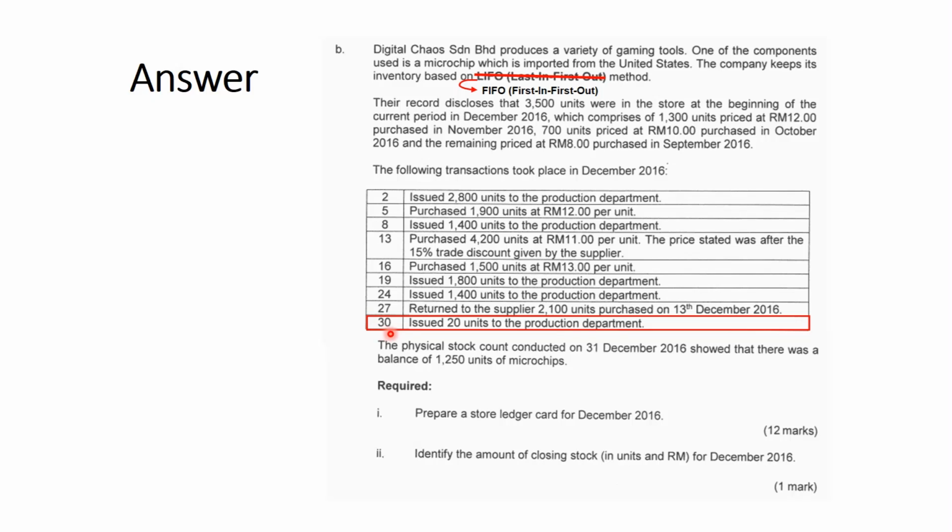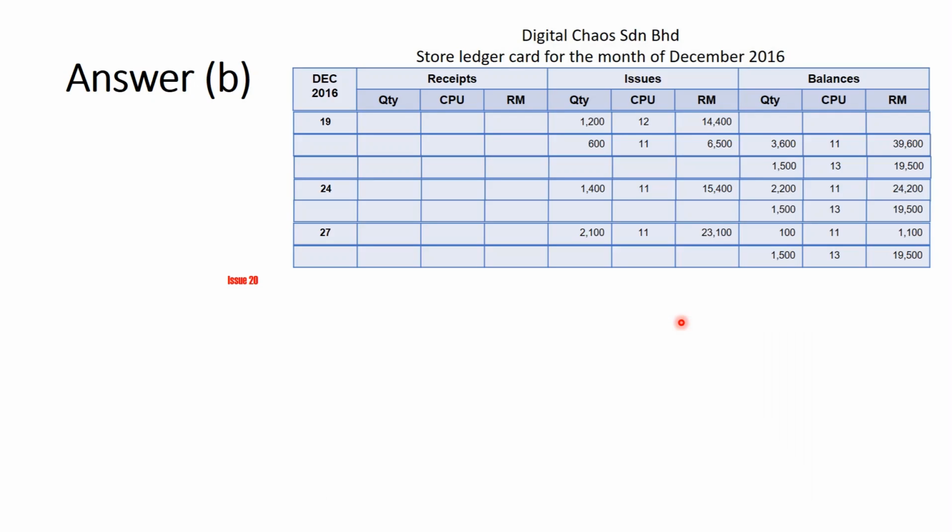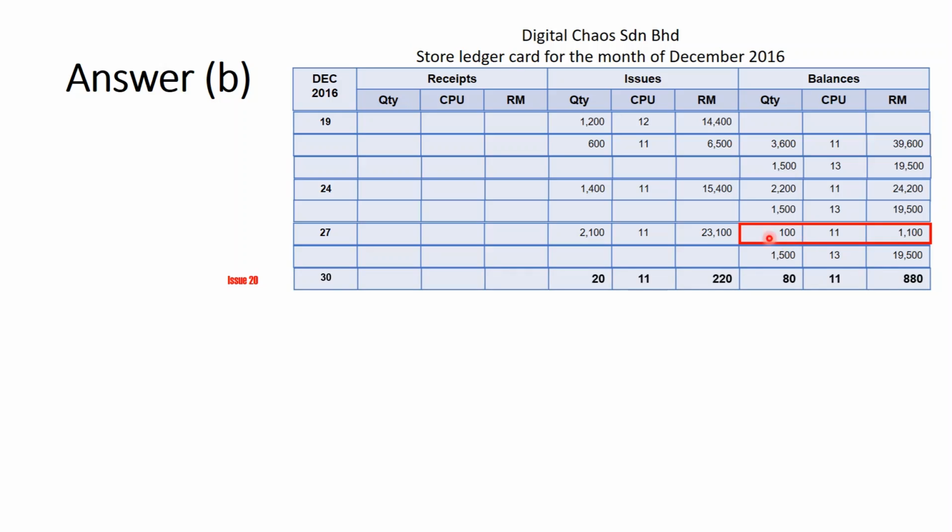Finally, on 30th December, issued 20 units to the production department. So we need to issue 20 units. So the oldest batch is 100 at 11. So we have enough stock from this batch. So 20 multiplied by RM11, then we get 220.